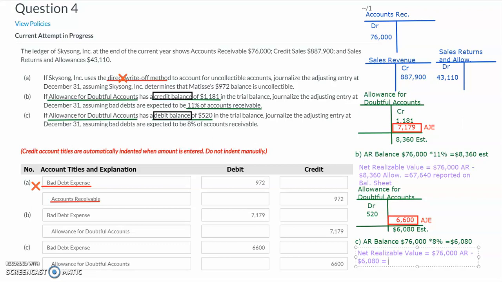So we're going to go ahead and do the math here. So your net realizable value would be $69,920 reported on the balance sheet for this example.